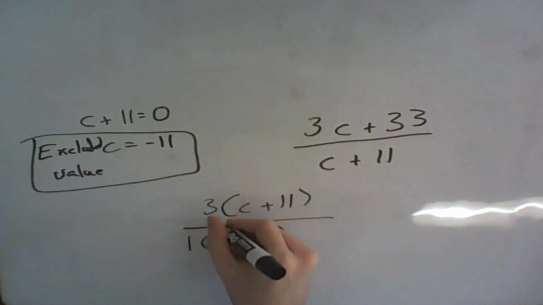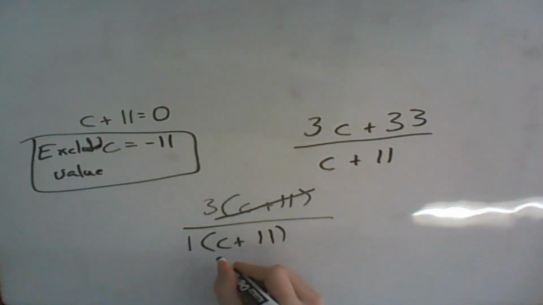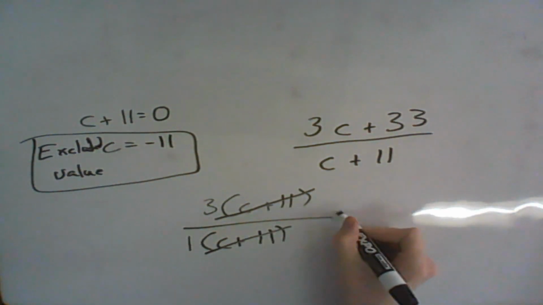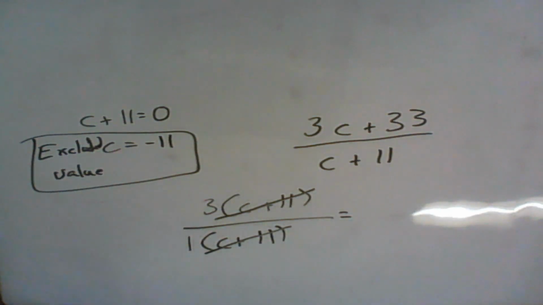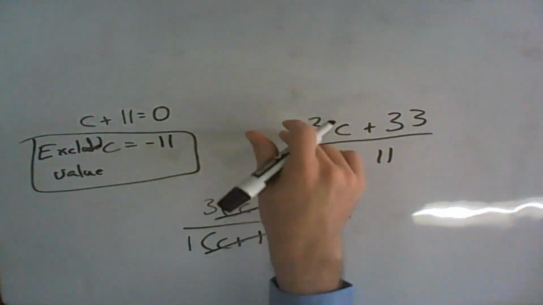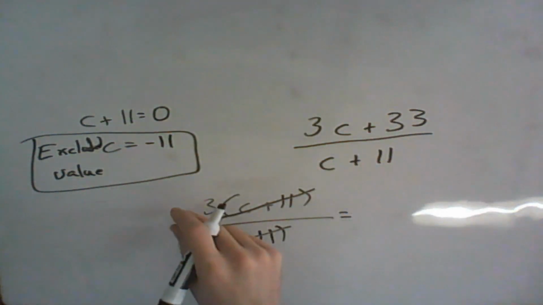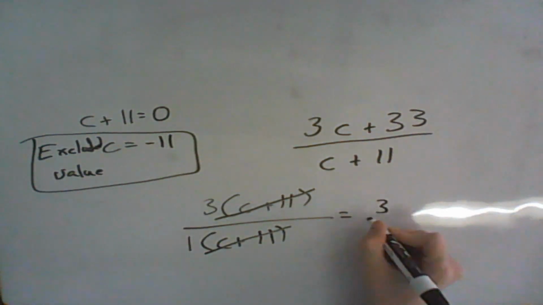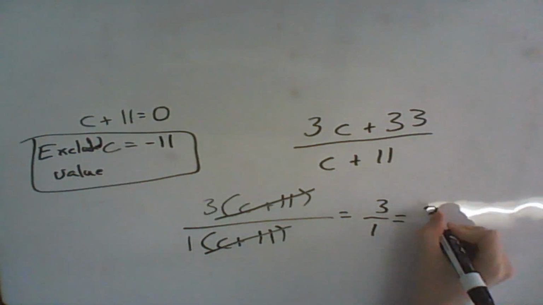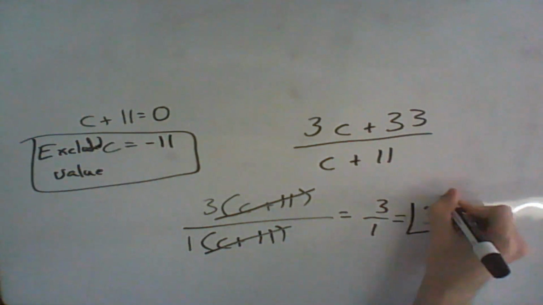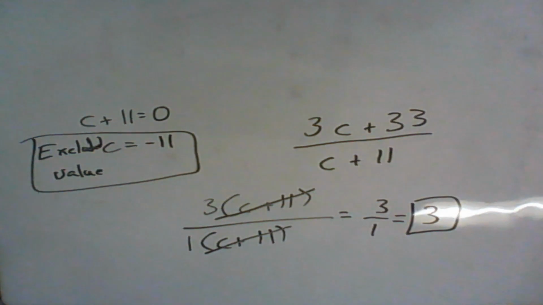These two can then be canceled because they are both factors of this original. So then what we get is 3 over 1 or just 3. So our answer is 3, okay?